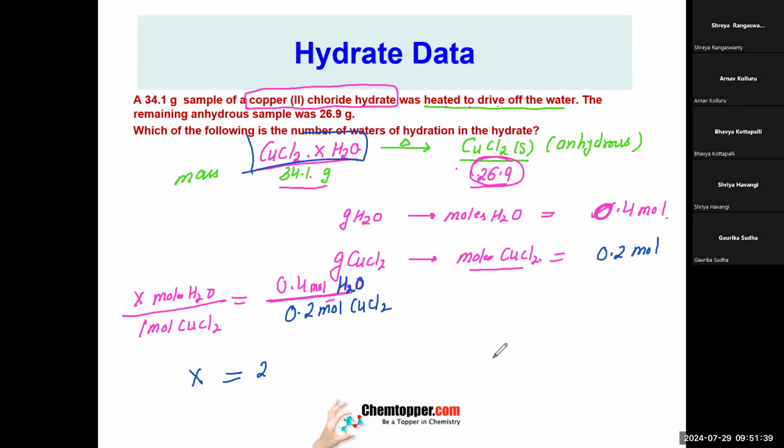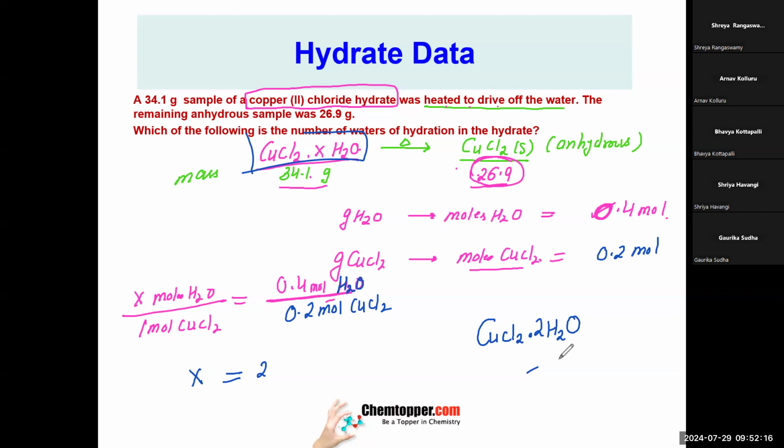Type the formula of the hydrate. CuCl2 dot. Put a dot. 2H2O. Very good, Shreya H. Very good, Shreya R. Good. Perfect. So that's the formula of the hydrate.